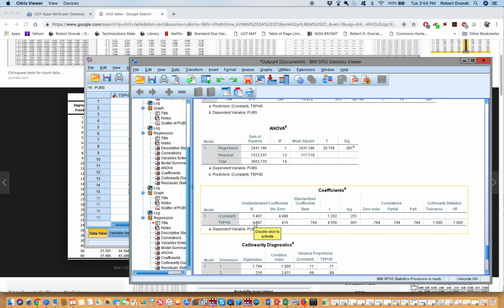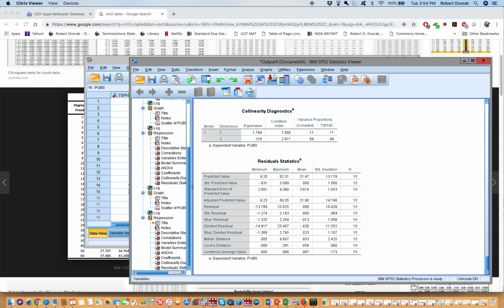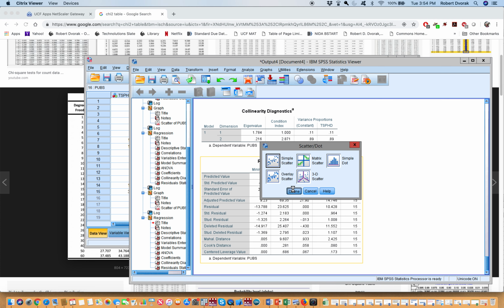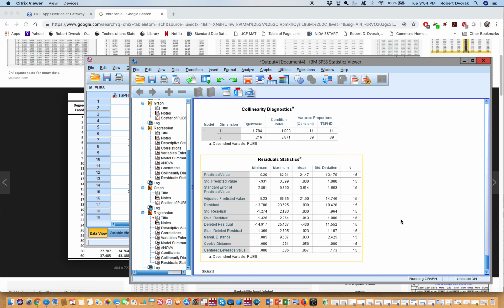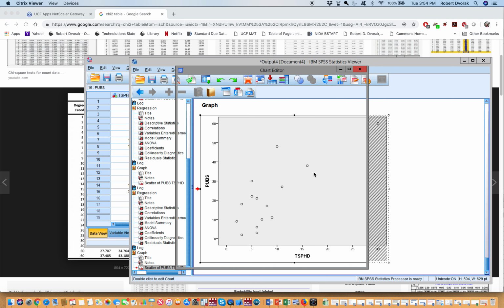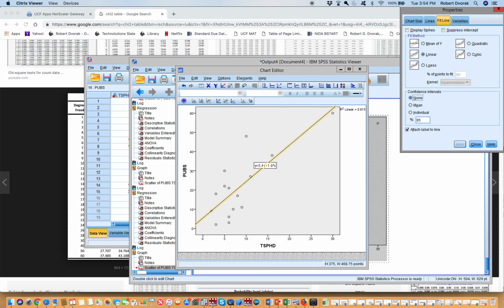That's pretty close. 1.98 was what it was before. And if we graph this out again, Graphs, Legacy Dialogs, Scatter, let's just have a look here. Yeah, right? Let's plot our line here, see how it looks.